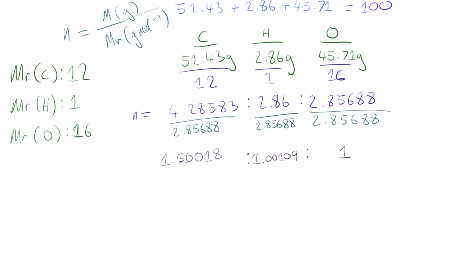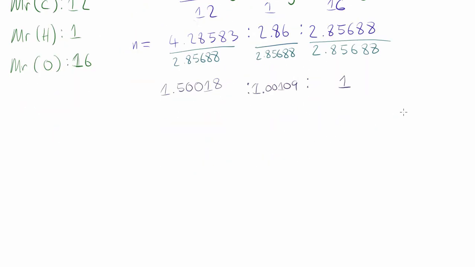It's basically roughly in the middle, right? It's 1.5 effectively. If we were to round it to 3 decimal places or 2 decimal places or 1 decimal place, it's 1.5. So at this stage, because we've done the division and we still don't have a whole number ratio, we need to do some scaling up.